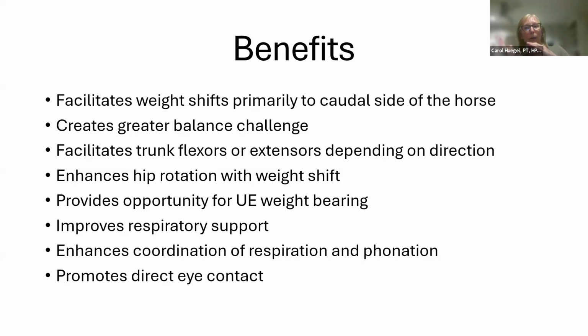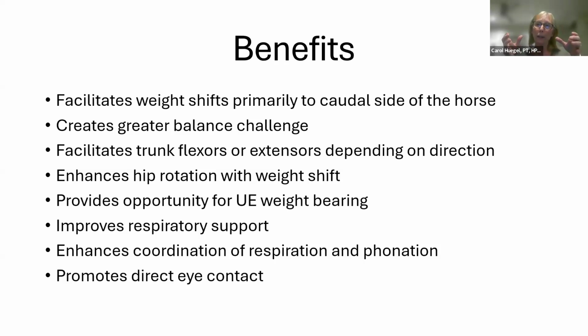They would be leaning towards the outside of the arena, and it would be facilitating their flexors to maintain an upright position. So not only are you thinking left and right, but you're thinking facing inside or facing outside, depending on whether you want to be focusing on flexors or extensors.